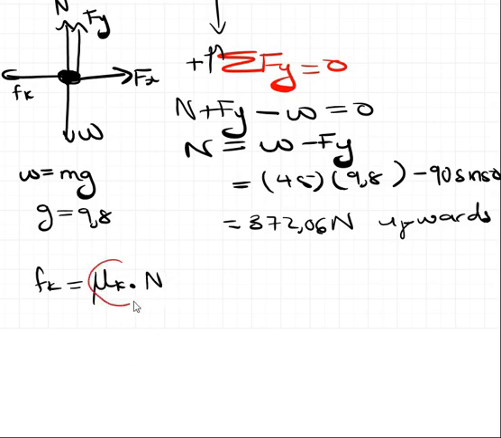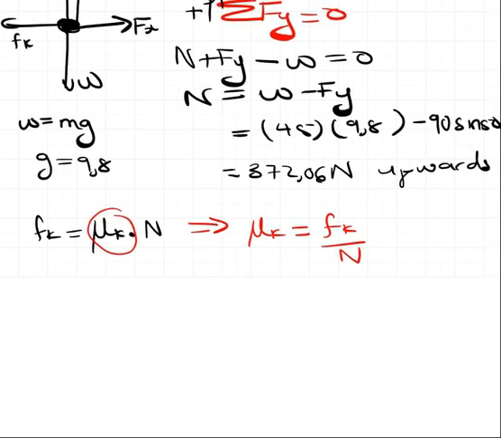But now this is the variable that we are looking for. So this equation simplifies to the coefficient of kinetic friction is equal to the kinetic friction divided by the normal force, right? And it's always 0 point something. It's always between 0 and 1 in most cases. I've never seen above 1.